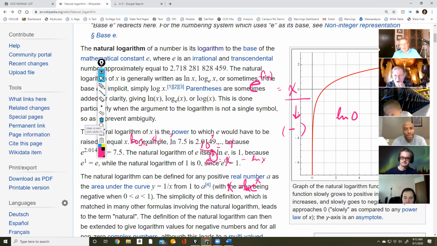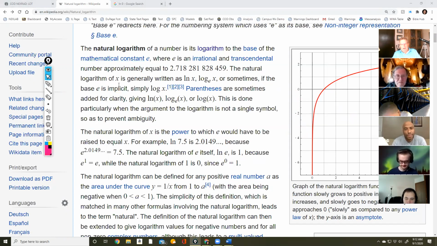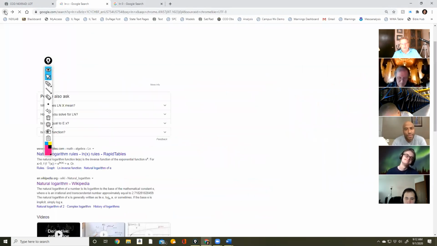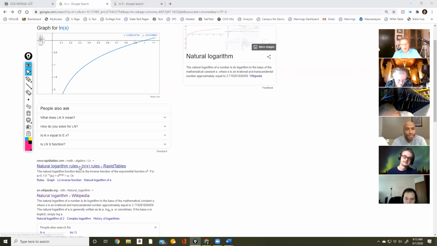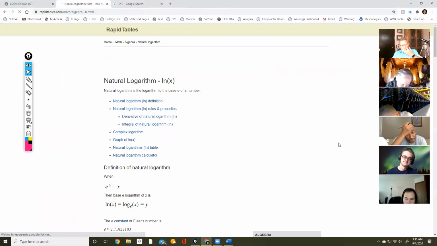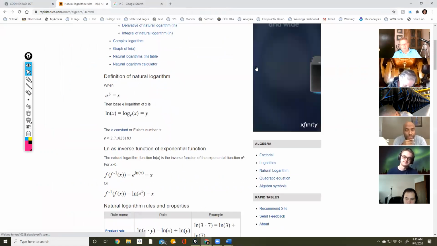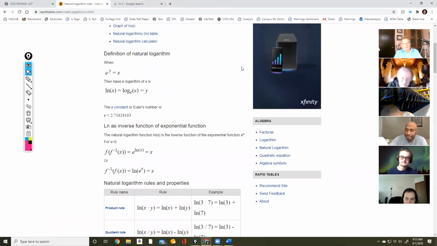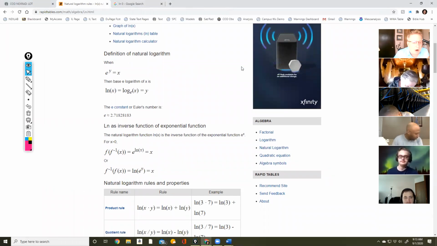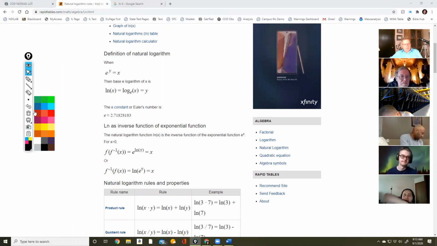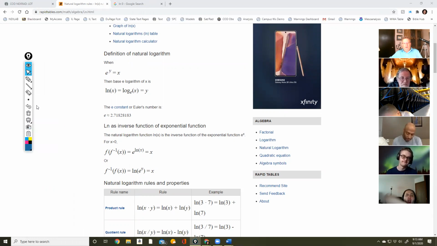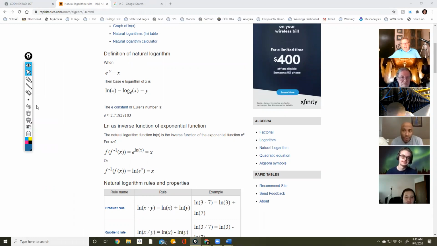Now, in this whole thing, there are some major issues that we should probably deal with. So I'm going to go back here, and there are actually natural logarithmic rules. One of the things that you're going to need to know and remember, that will make you successful in this class, is this.